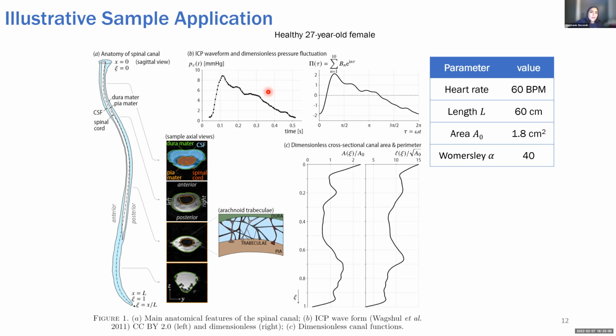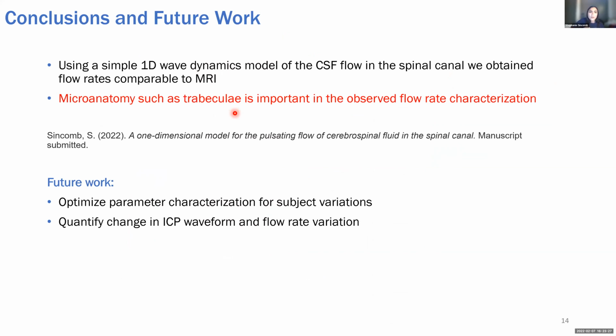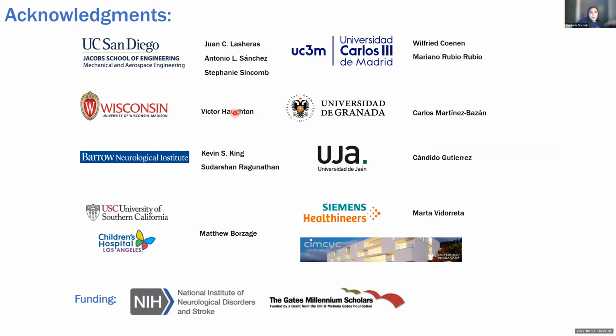Take those measurements and then estimate the ICP as a result of that. And through the ICP, you can determine whether or not there are certain disease cases related to variations of the morphology of the ICP. So it would be ideal to be able to do the inverse problem. And so understanding the relationship between the variation of the ICP and the flow rate is something else we're looking into. So with that, I'd like to give all of the appropriate acknowledgements.